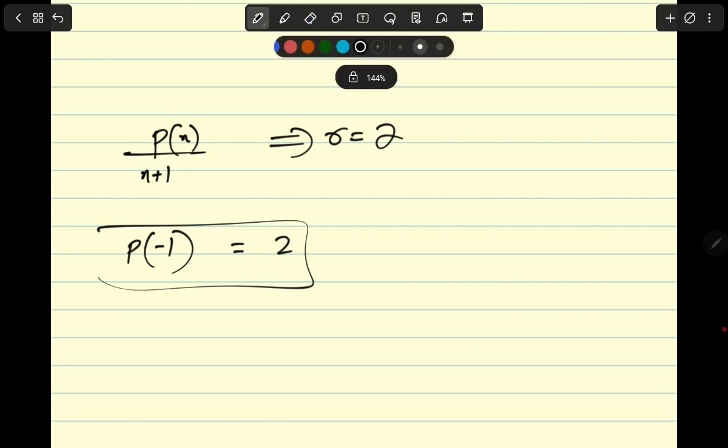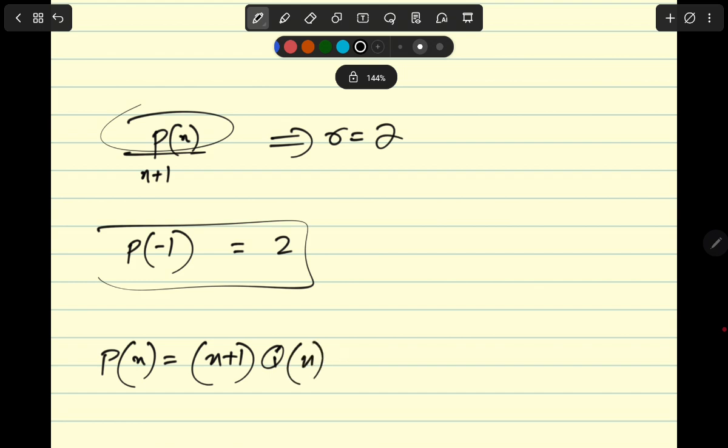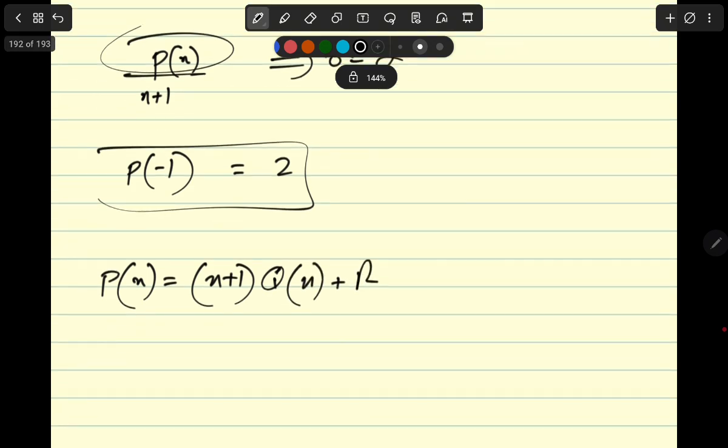So I can rewrite p of x as the divisor, which is x plus 1, times some quotient, plus a remainder. Now when I put x equals negative 1 here, negative 1 plus 1 is 0, times q of negative 1, which doesn't matter, plus the remainder.